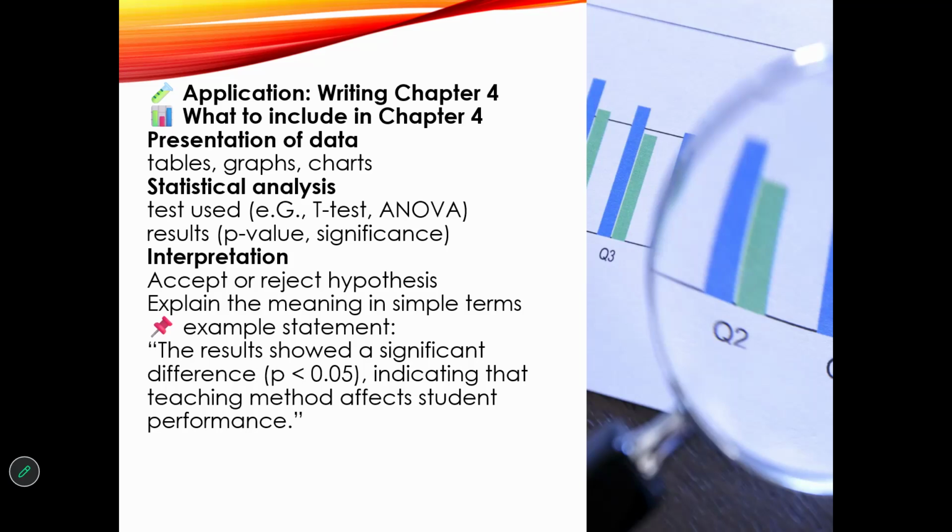For example, t-test or ANOVA. And for the results, you will discuss the p-value and the significance. And don't forget to include the interpretation. After each table, you will discuss what is in the table, and you will explain the meaning in simple terms. For example, the results showed a significant difference, indicating that teaching method affects students' performance.